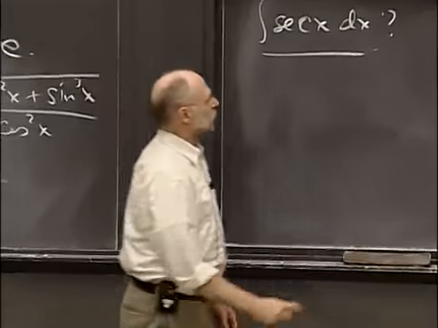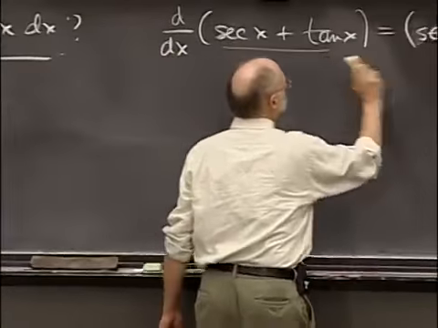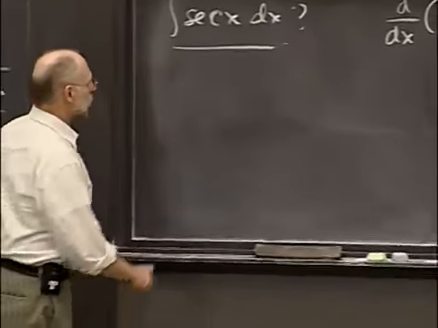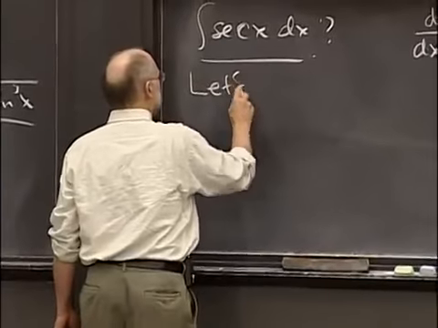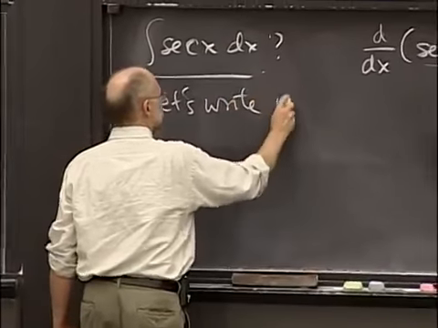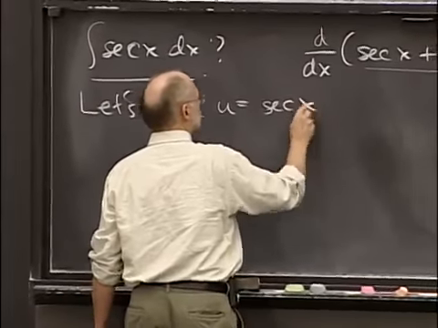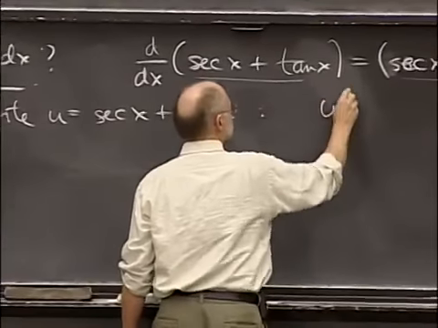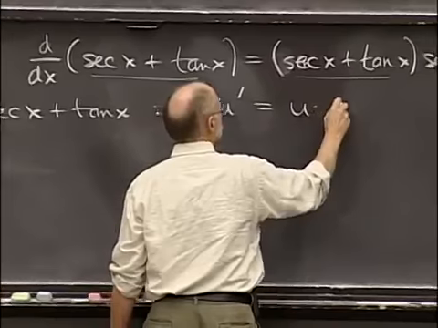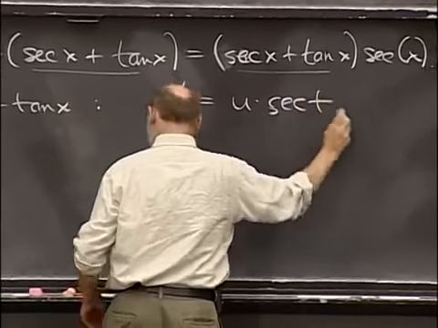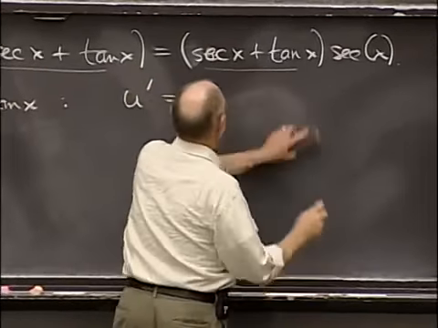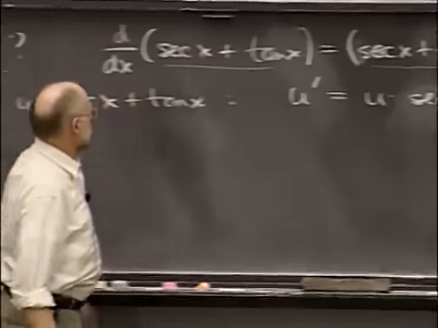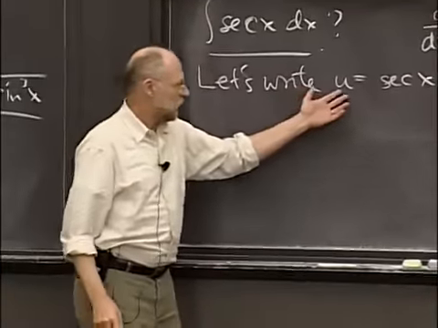So that's interesting somehow because this same term appears on both sides of this equation. Let's write u for that secant x plus tangent of x. And so the equation that I get is u prime equals u times the secant of x. I've just made a direct substitution.